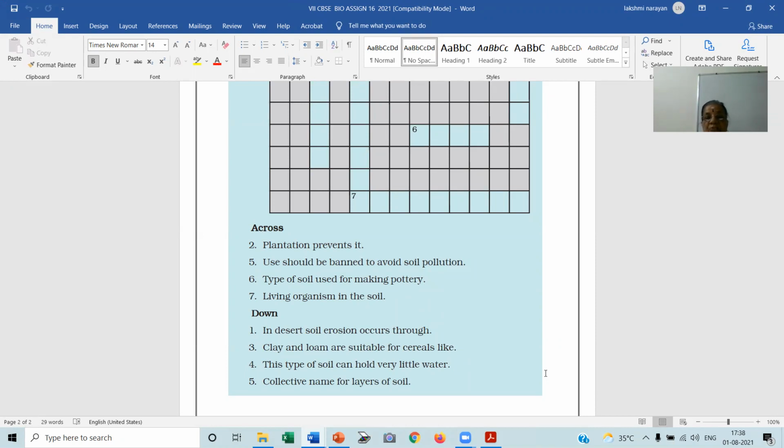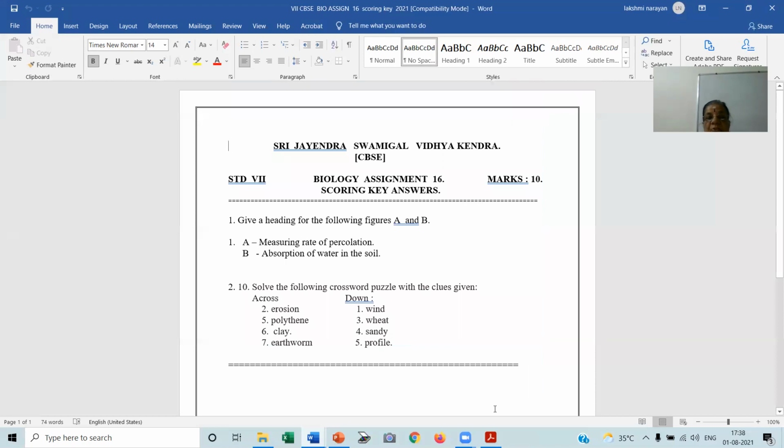Clay and loam soil are suitable for cereals. Then this type of soil can hold very little water, sandy. Then collective name for layers of soil, that is profile. Okay? So what are we saying? Wind, weight, sandy, and profile. I hope you follow this.